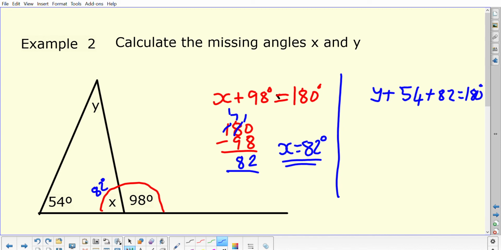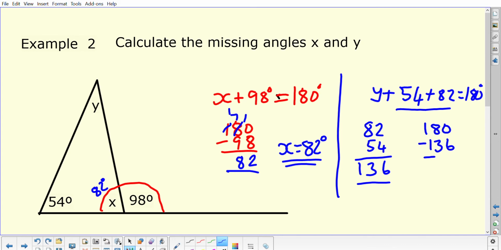Notice the 98 is not inside the triangle, right? So we don't include that here. What I do need to do is add up my 82 and my 54, and I'll get 136, and then I need to do 180, take away that 136, and of course I'm doing that, I'm going to get 44, and that's what size angle Y is equal to, so 44 degrees.